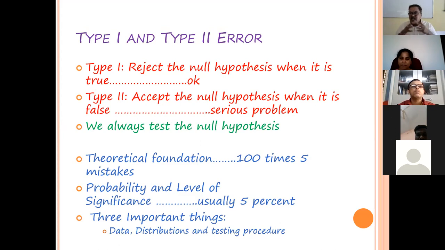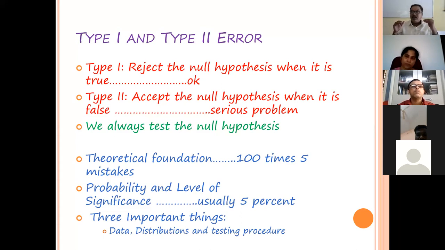At least 90% reliability, 90% confidence, 90% validation, supporting your argument. Therefore, there are two parts. One is the confidence in rejecting or accepting the null hypothesis. And the second one is the allowable error that you can commit.